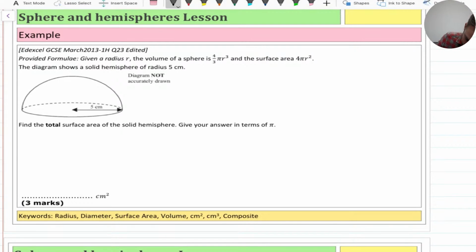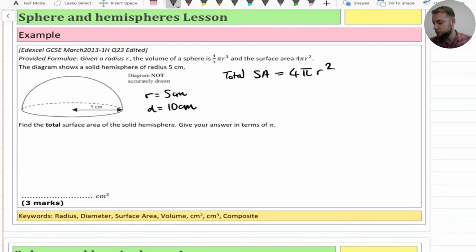So, the first thing I'm going to write down is what the radius and the diameter is. So my radius is equal to 5 centimeters. My diameter is equal to 10 centimeters, just out of good habit. So my total surface area is equal to 4 pi r squared.